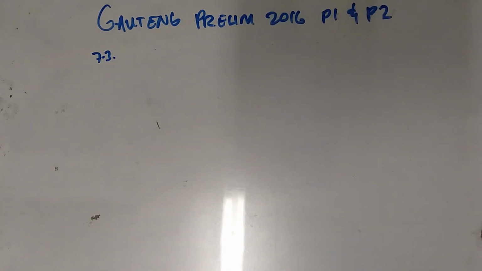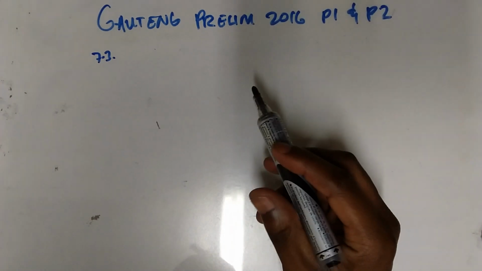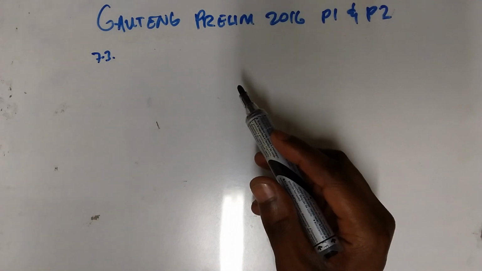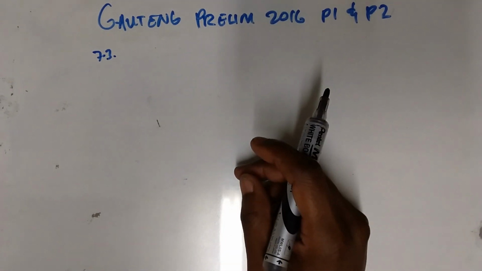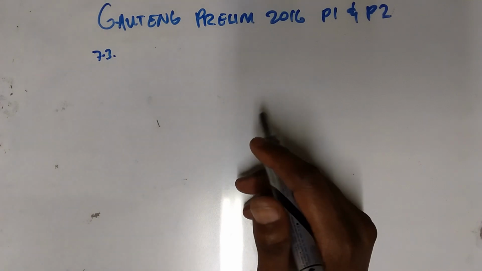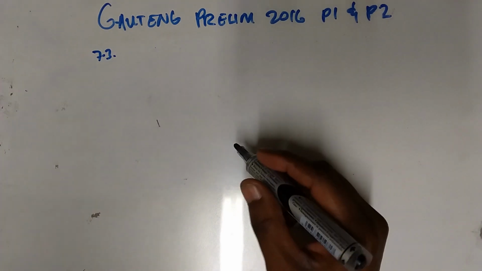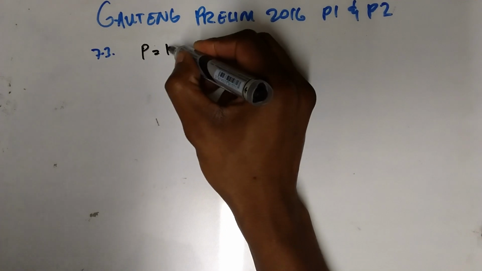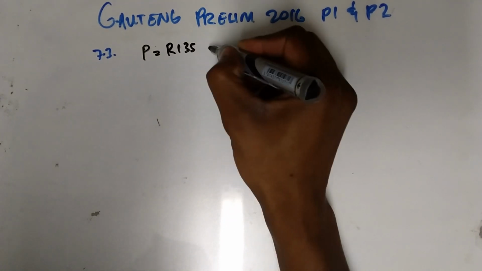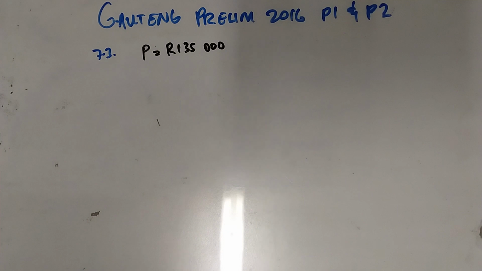It says that Emily plans to attend the Summer Olympics in Rio de Janeiro. She books an all-inclusive Olympic package through a travel agency at the price of 135,000. Then it says that she acquires a loan to cover the costs at an interest rate of 14.75% per annum compounded monthly.